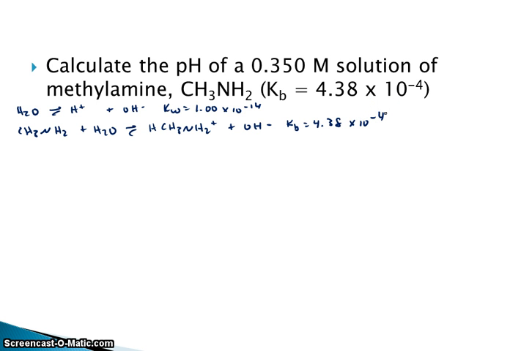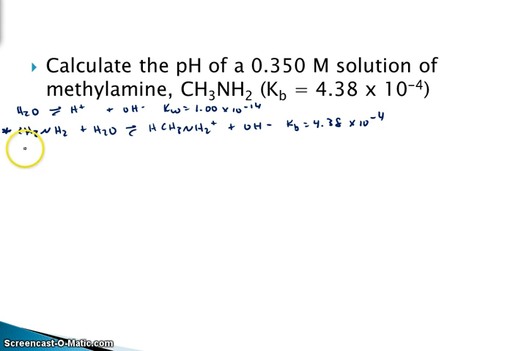So now that we've done that, we want to decide the equilibrium that's going to produce the hydroxide ions. We've got 10 to the minus 14 for water, 10 to the minus 4 for the methylamine. So the methylamine by far is going to dominate in producing hydroxide ions.